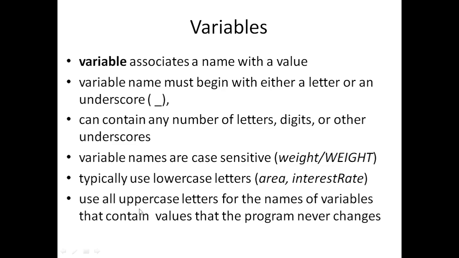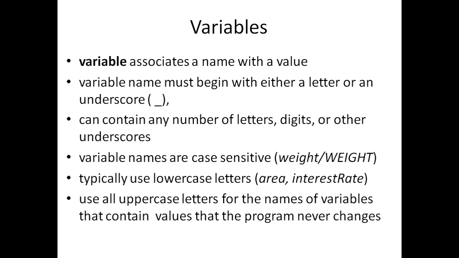Use of all uppercase letters for the names of variables is used only to contain values that the programmer never changes. So if you want to include some variables whose values never change in the program, we use all uppercase letters. That is, if you want to use the value of pi, it will be given in capital letters.